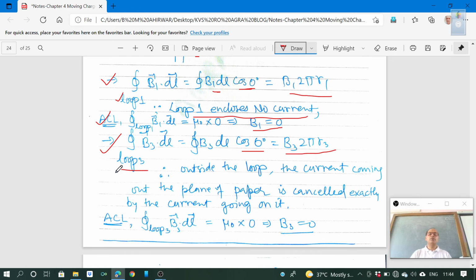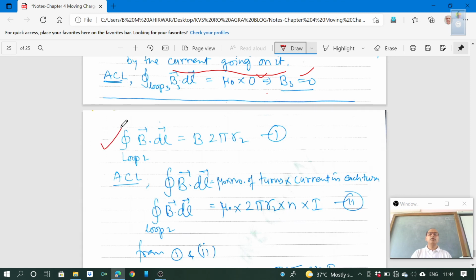This is for loop 3. But you know already that the current coming out of the plane of the paper is cancelled exactly by the current going in. So we can say the current enclosed by loop 3 is 0, so the total magnetic field for loop 3 is 0.